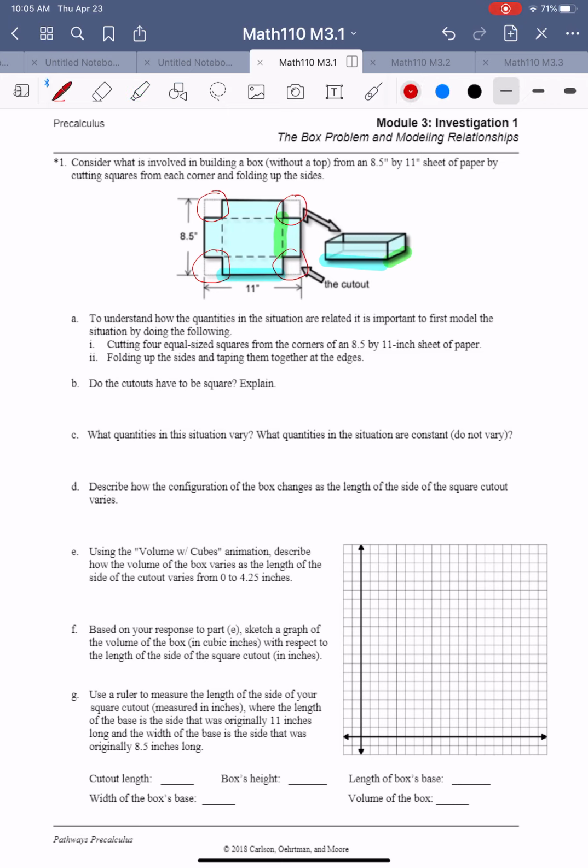I can say this is the length of the box, and the other one I can say is the width of the box. And of course this much is the height of the box.